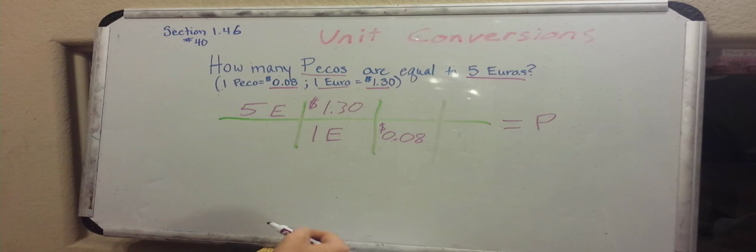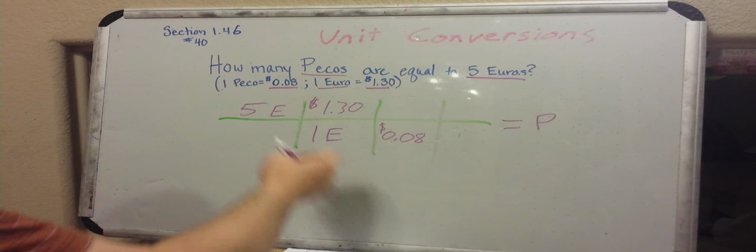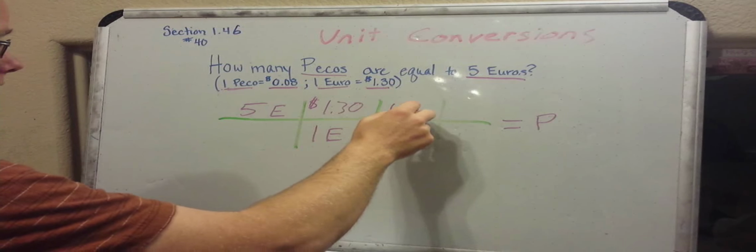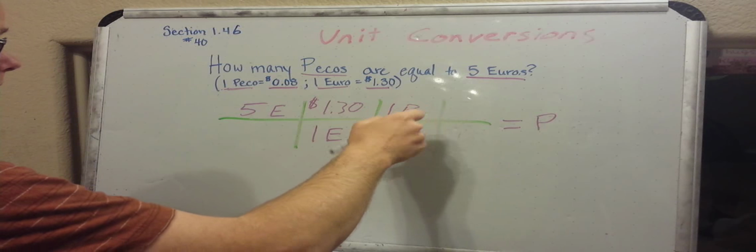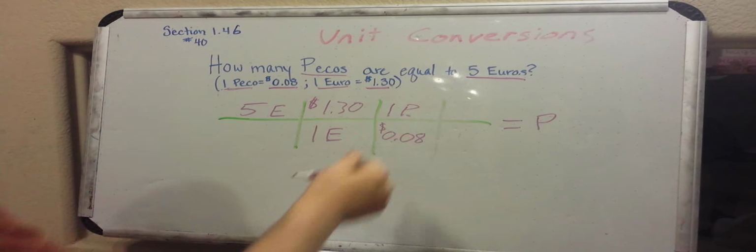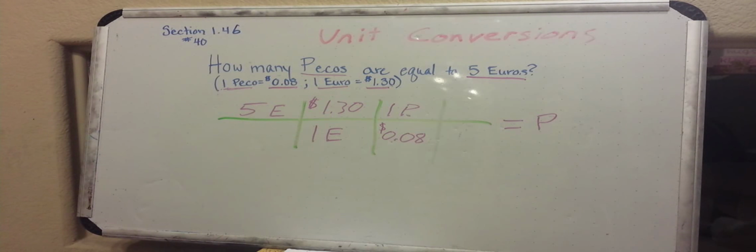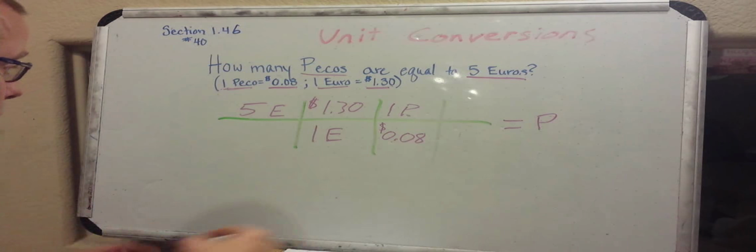That way the dollars will cancel each other out and we'll be left with our 1 peso, or pesos. Let's use a P. Okay, so now we've used all the knowns in our word problem, so now we can just solve for P.